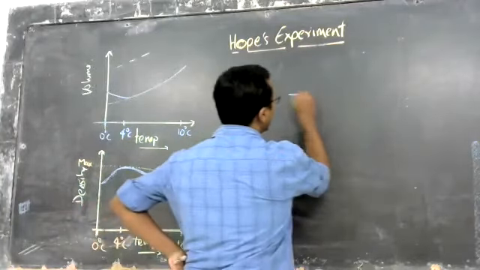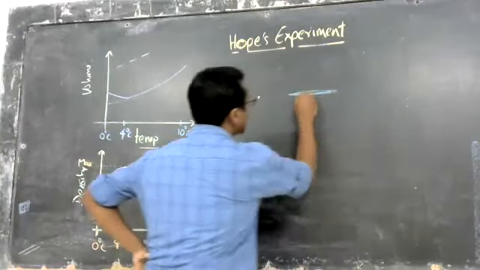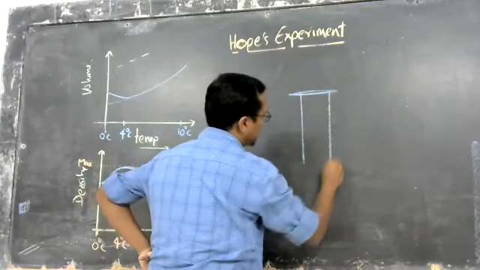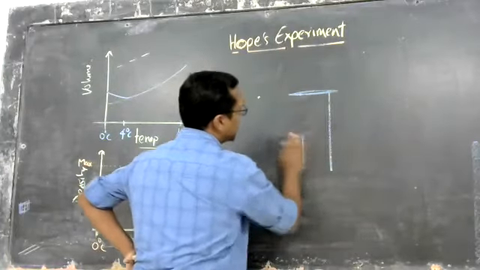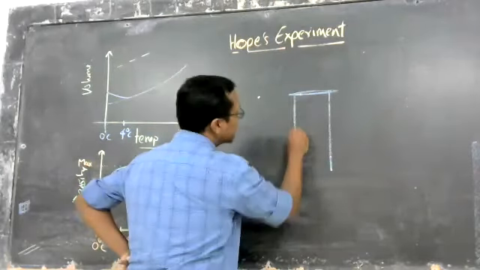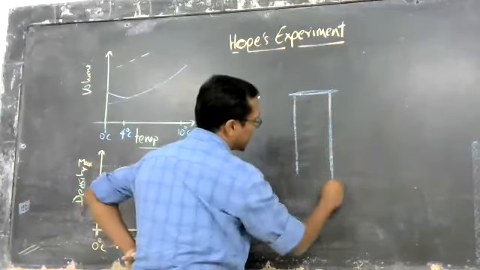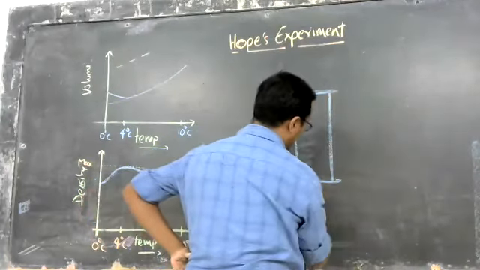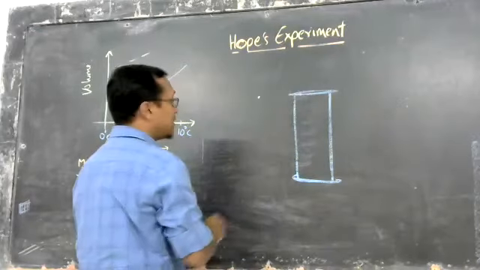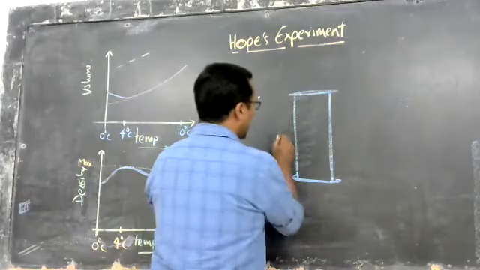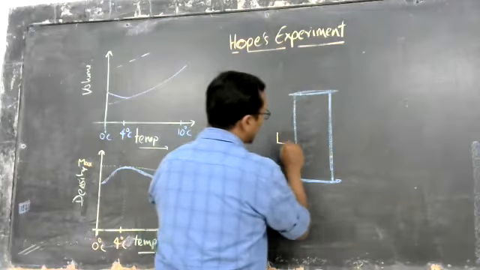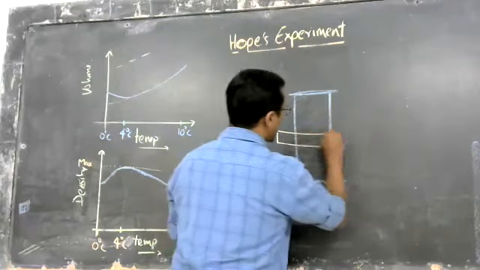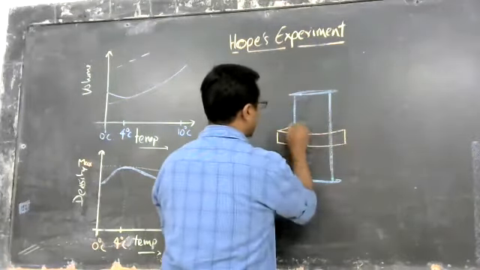Okay, so Hope's apparatus is something like a jar. Right at the center of this jar, you have a sort of skirt, so to say.